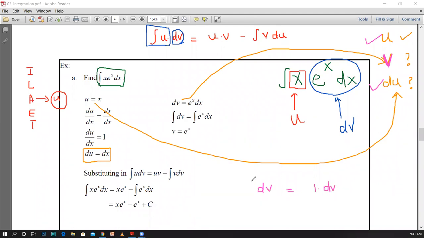If you integrate both sides, you can simply understand that the integral of dv is equal to the integral of 1 dv. Therefore, you can see that the integral of 1 dv is equal to v.